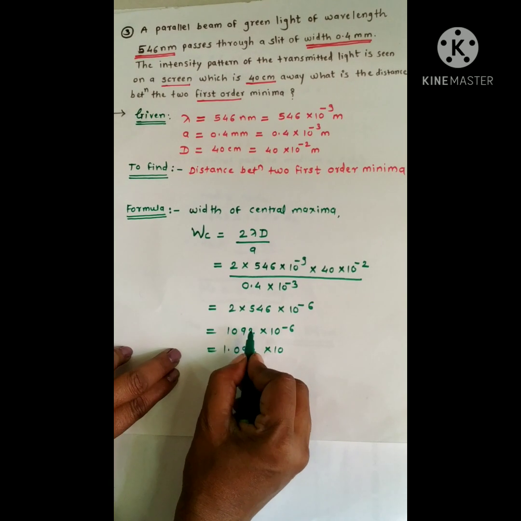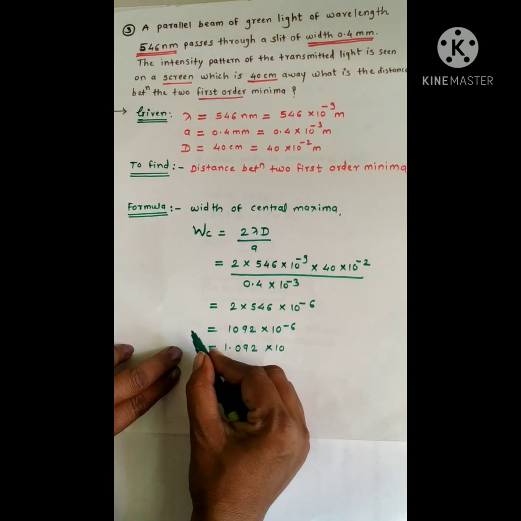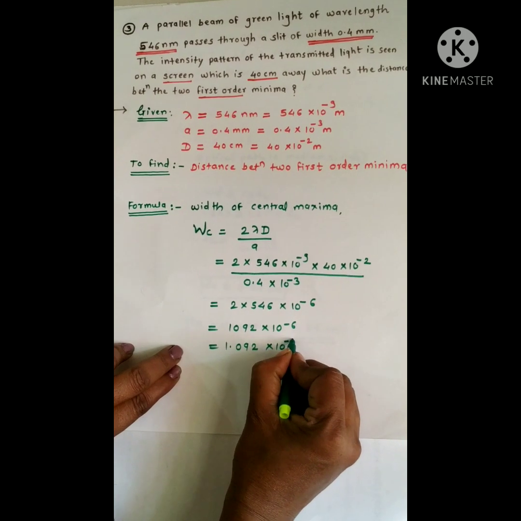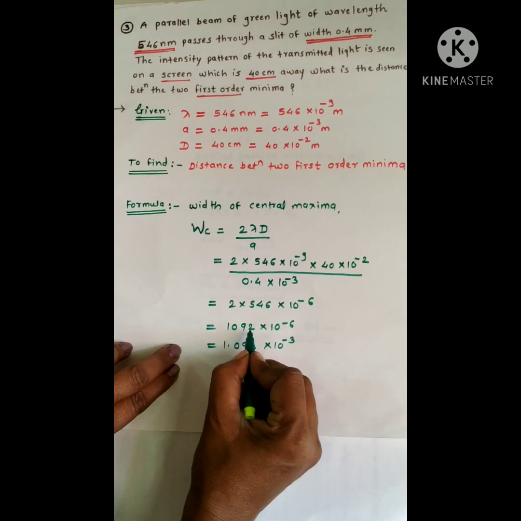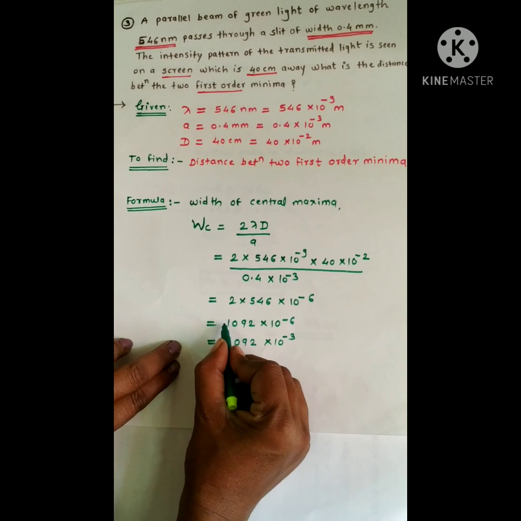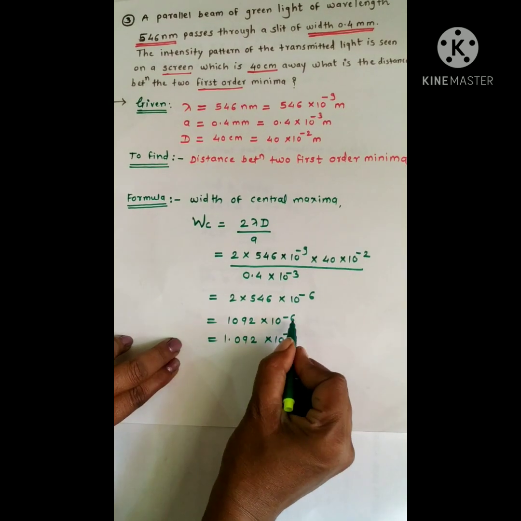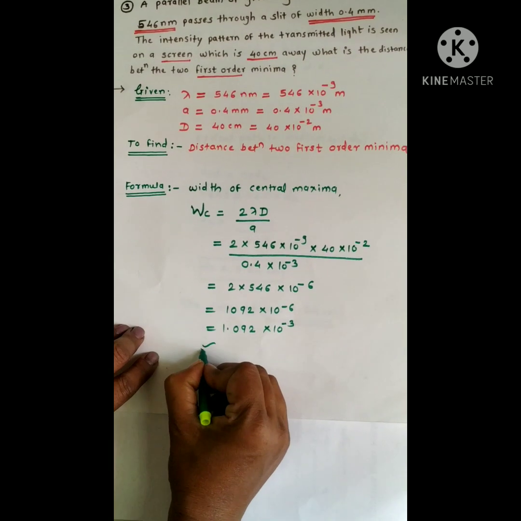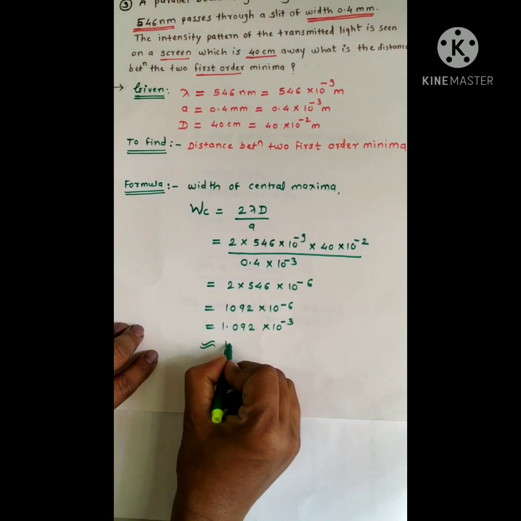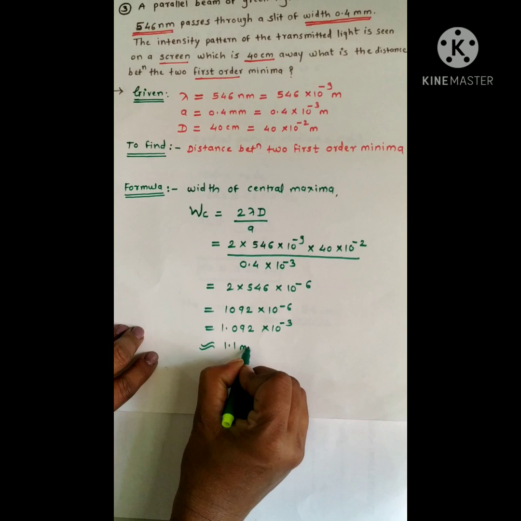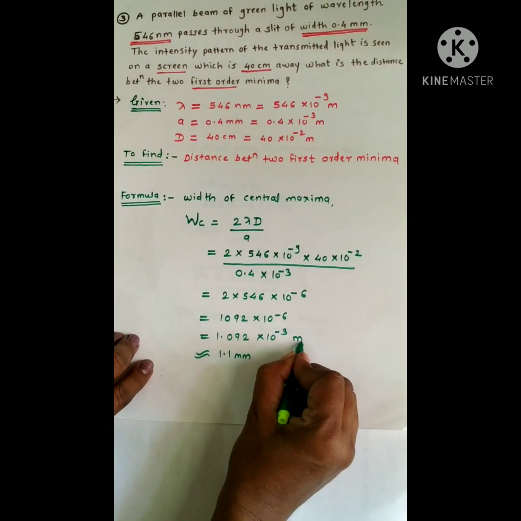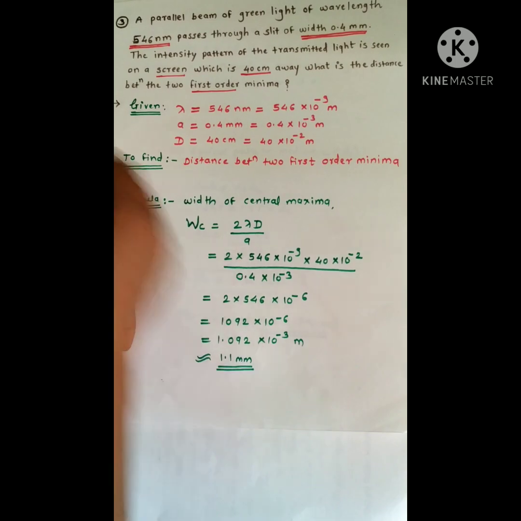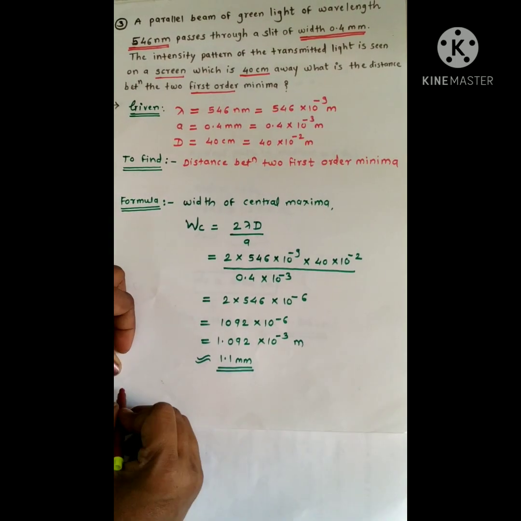If we shift the decimal point towards the left, then the power of 10 reduces by 3. So the final answer is like this, 1.1 millimeter. This is in meter, I will convert it into millimeter. So the last answer is like this.